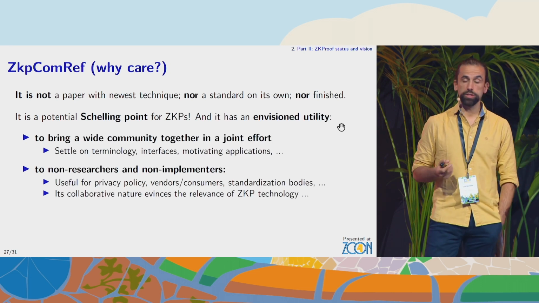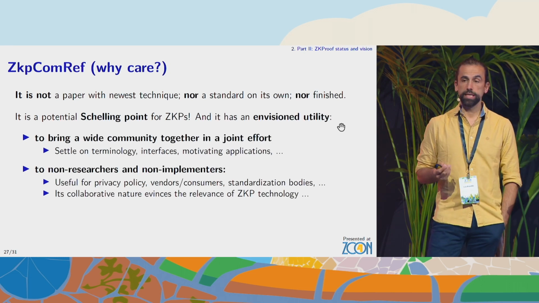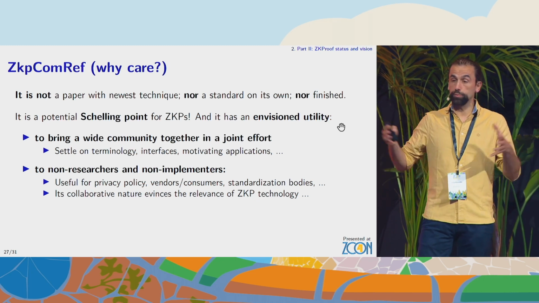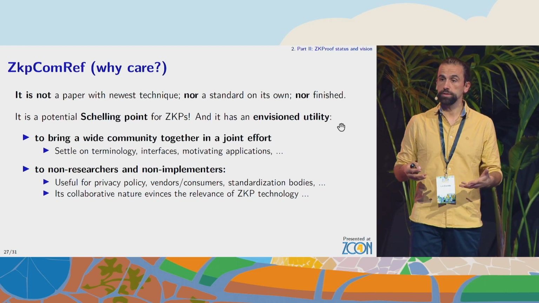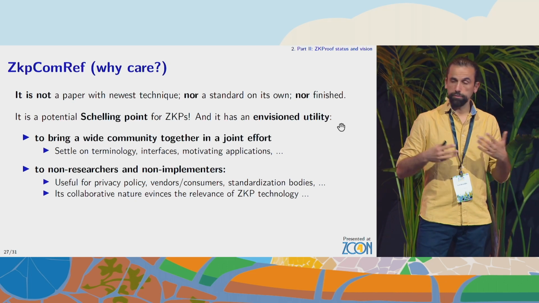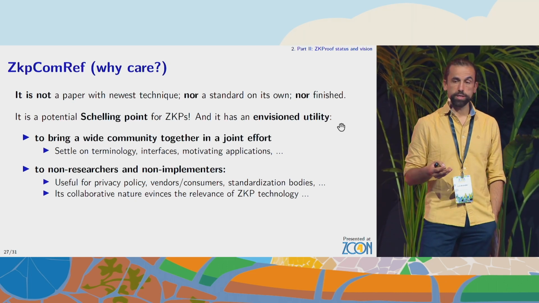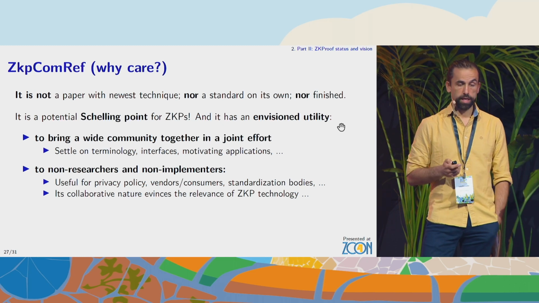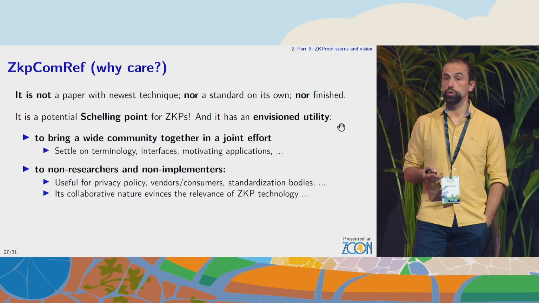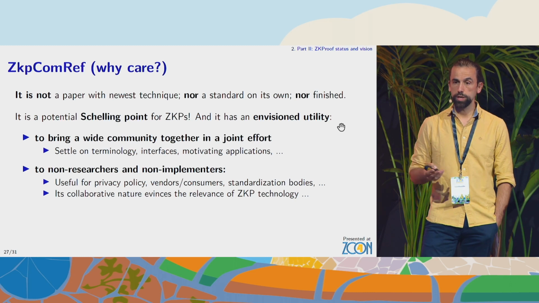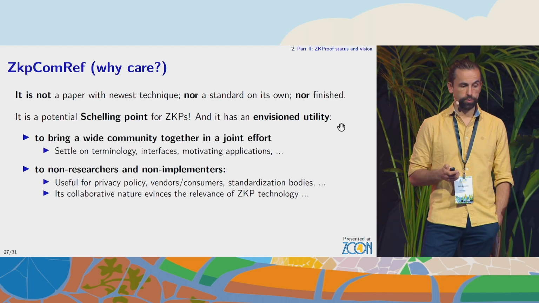And so we envision the utility of this community reference, that it actually brings together the community into a joint effort, finding even if only common terminology, interfaces, etc. And it's also useful for non-researchers and non-implementers. It could potentially be very useful for people who are not cryptographers and not researchers.